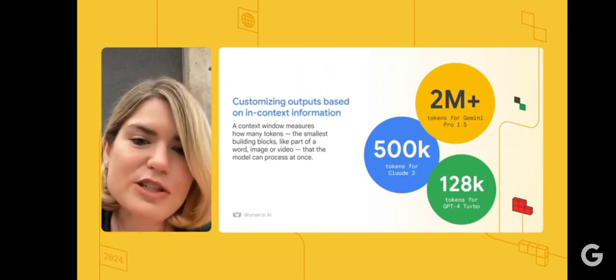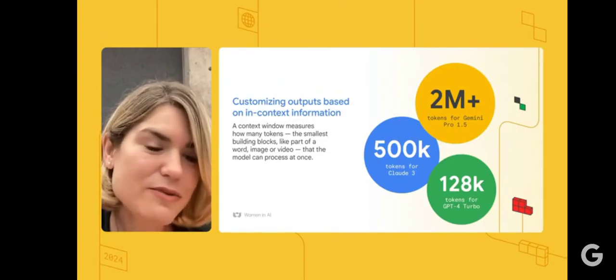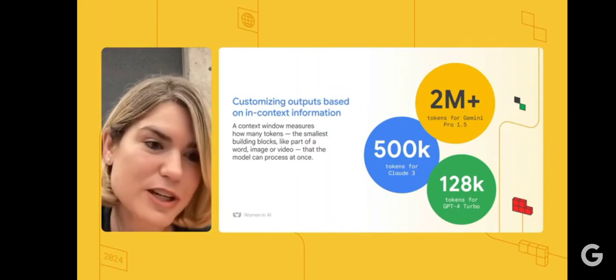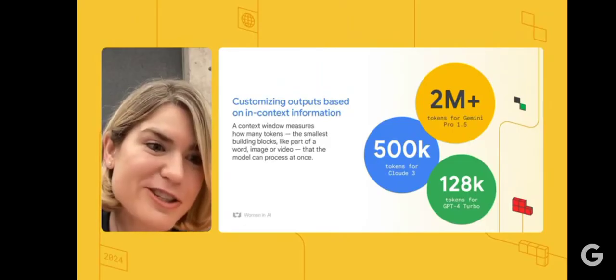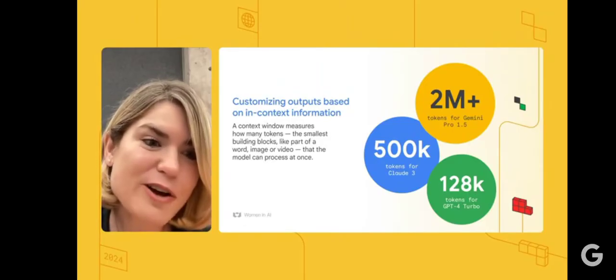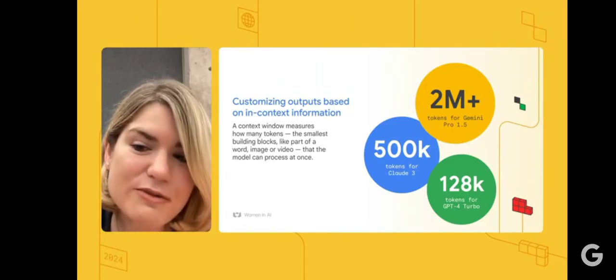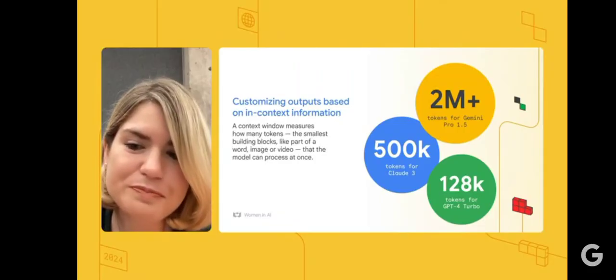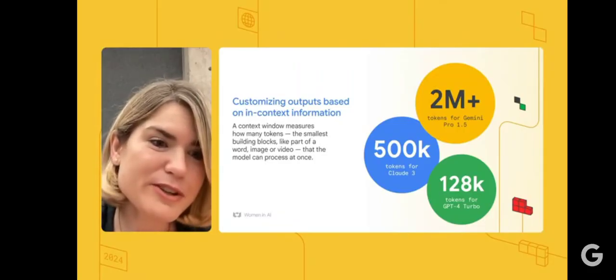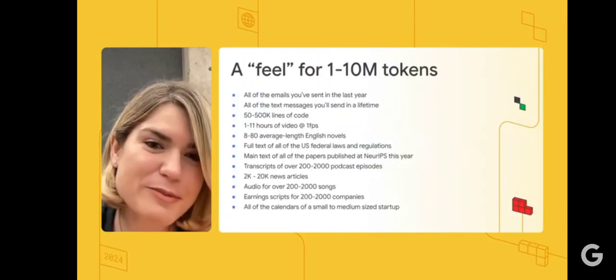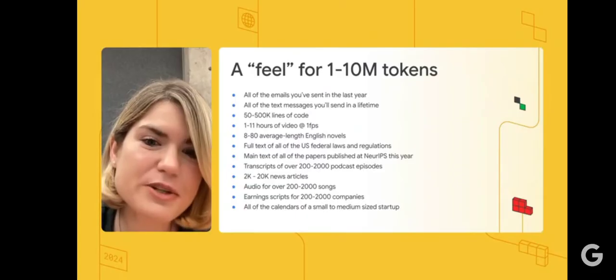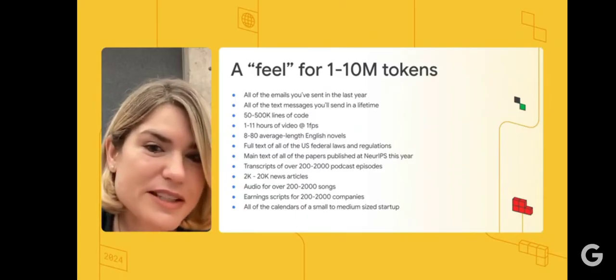So instead of having to do things like fine tuning, instead of having to do things like standing up vector databases for retrieval, you can just give the model a lot of information and it's off to the races all at once. So it's very cool to be able to see what these models can do with longer context windows, and you can stuff an awful lot of information in them as well. So 1 million tokens is really all of the emails that you've sent in the last year.